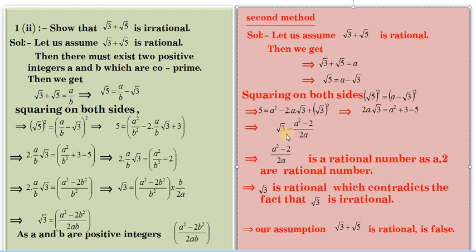That means root 3 is a rational number, which is false, because previously we have proved that root 3 is irrational.